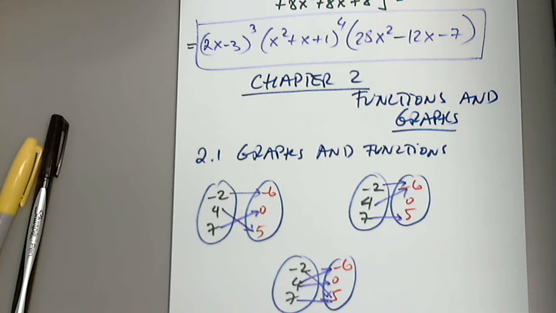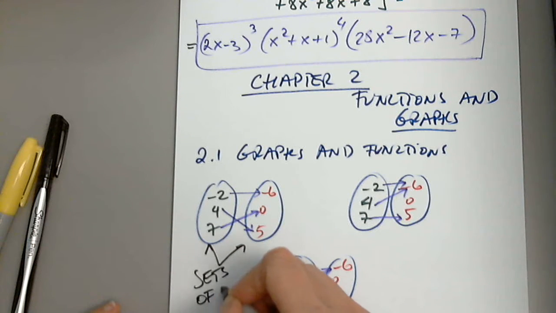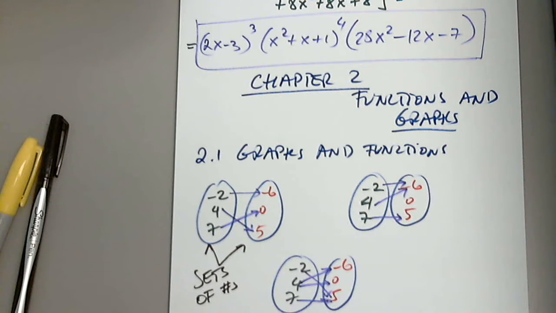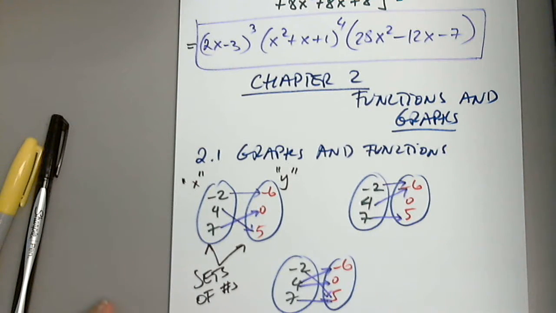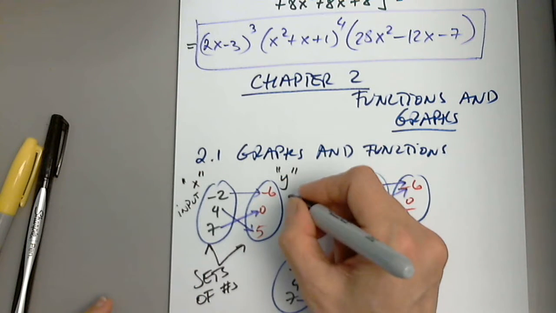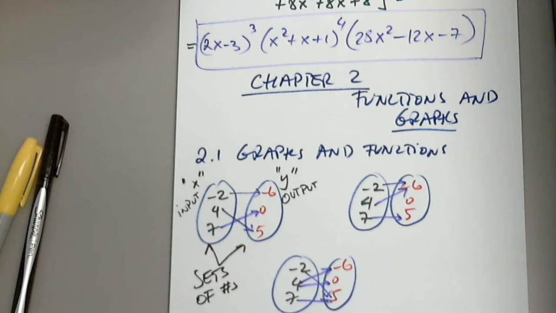I created a relationship between 2 sets, a set of values of x and a set of values of y. These are 2 sets of numbers, one representing x values and the other y values, also called input and output. For all of these 3 situations, the first set is the input set, the second set is the output set.